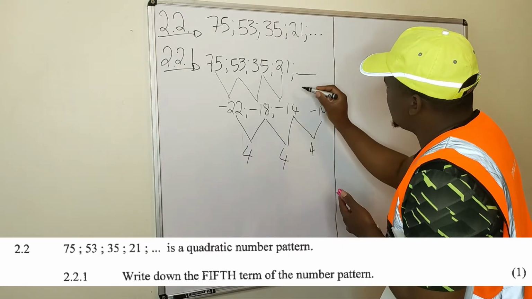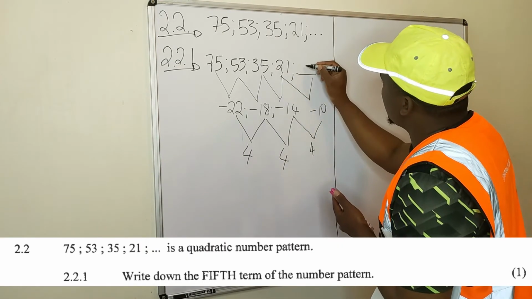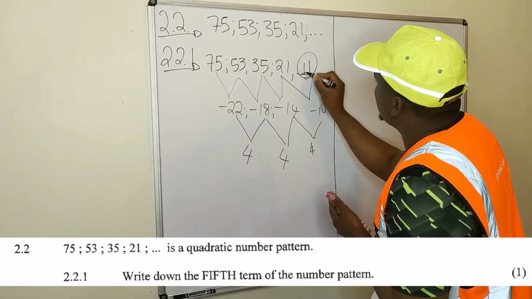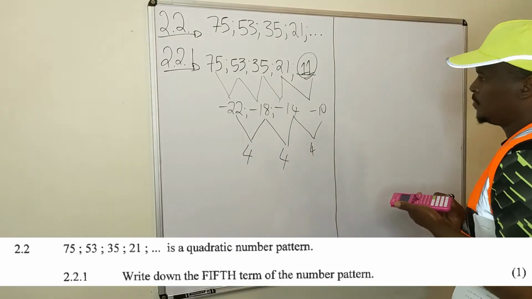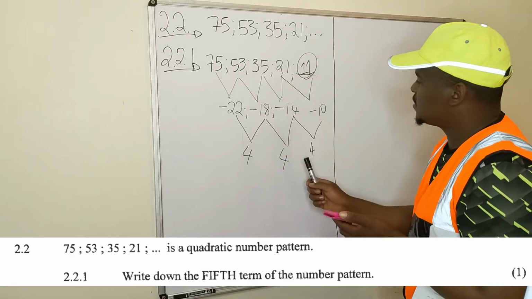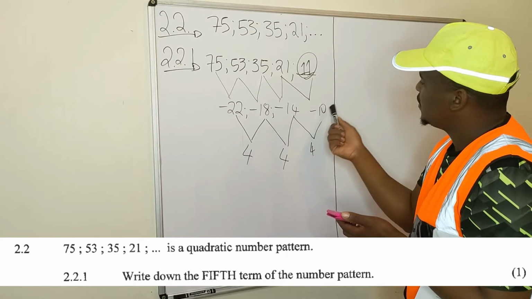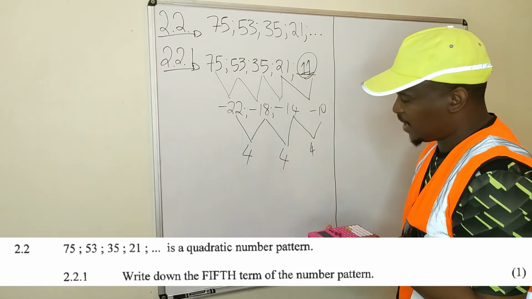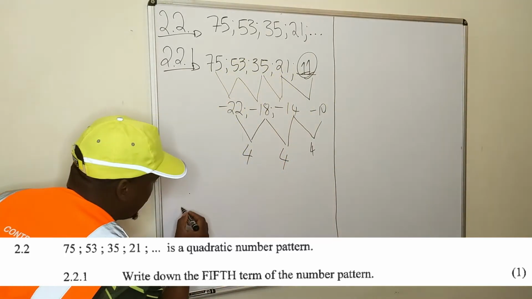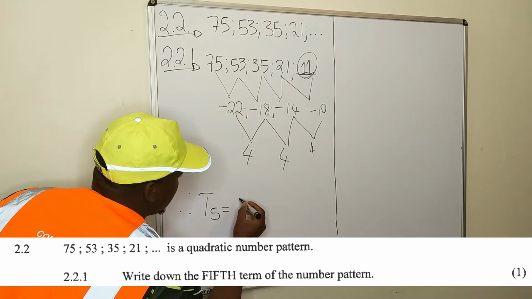Then we add that minus 10 to 21, and we get 11. So the fifth term, T5, is equal to 11.